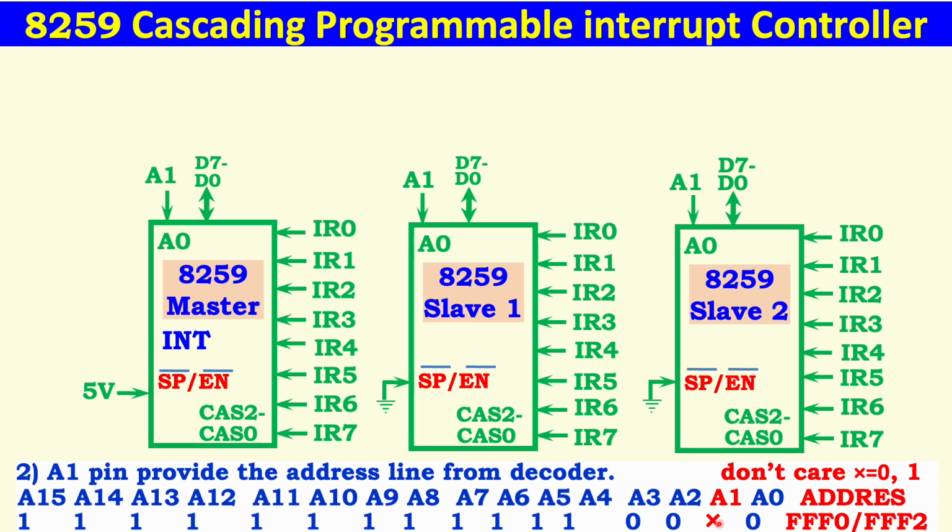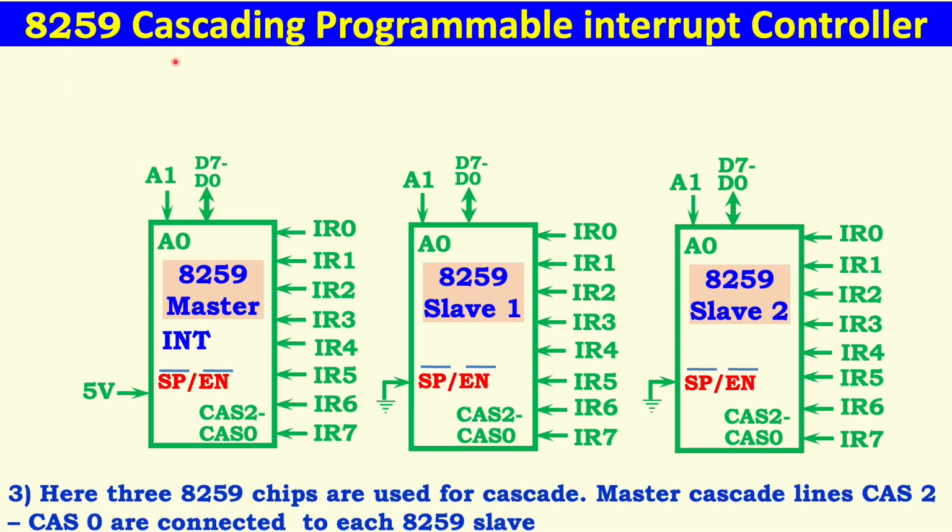If don't care is 0, the address is FFF0. If don't care is 1, the address is FFF2H. So this is the way of taking the address of interrupt handling by each 8259. That's why A0 is initiated by the signal A1 from the decoder circuit. This is one important concern we must understand for 8259 cascading.